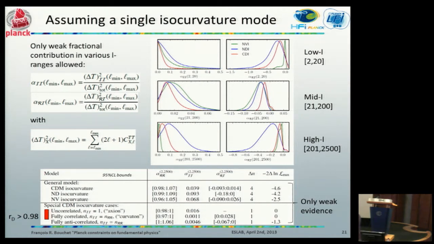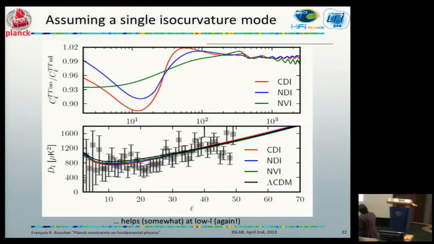So there is pretty weak evidence of any isocurvature. And of course, there are some specific ones, like curvaton or axion, that are quite of interest, but there is no strong evidence. And when there is some, once again, you can see where this is coming from. You are being pulled by this low L deficiency of power as compared to the base lambda CDM model. So this is a running theme.